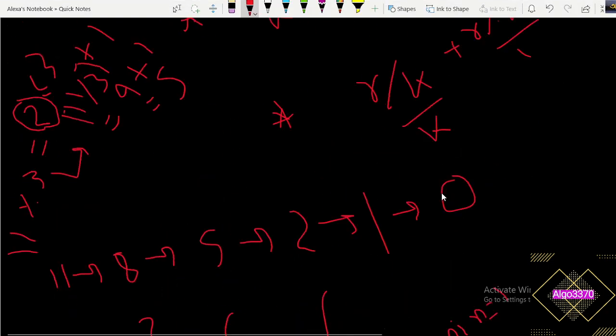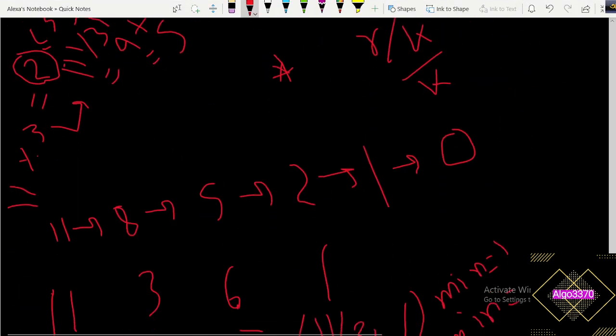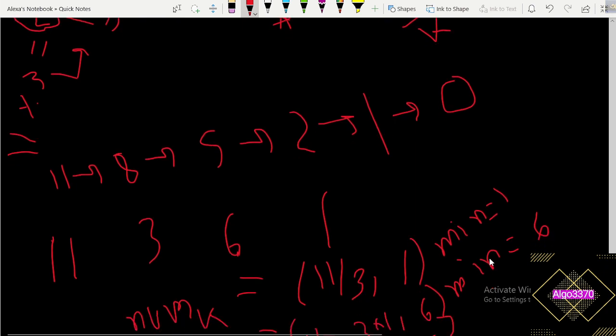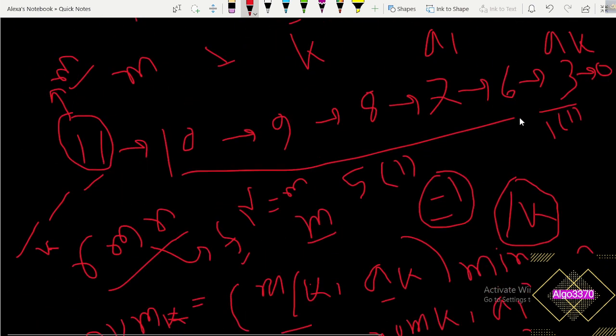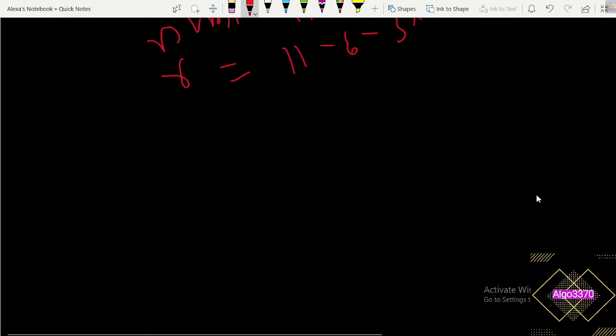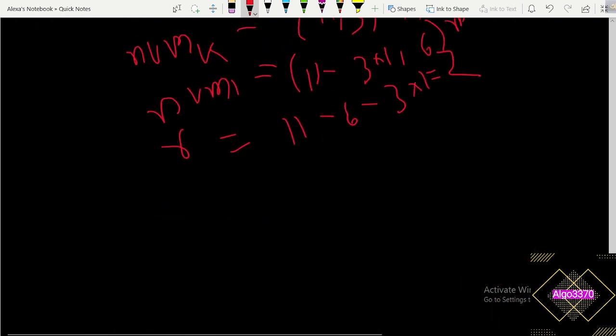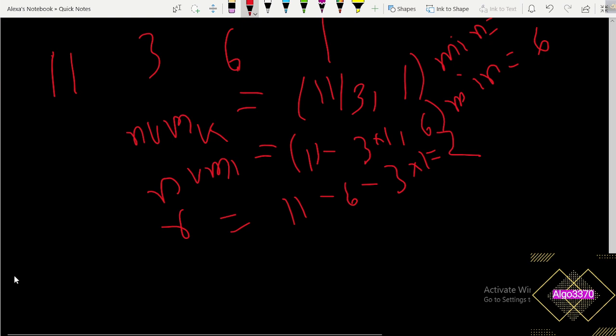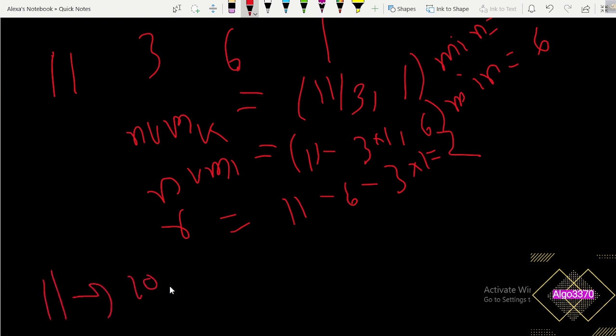If you assume this example where we use all the regular coins, from 11 it will first go to 10, then 9, 8, 7, 6 and 5.